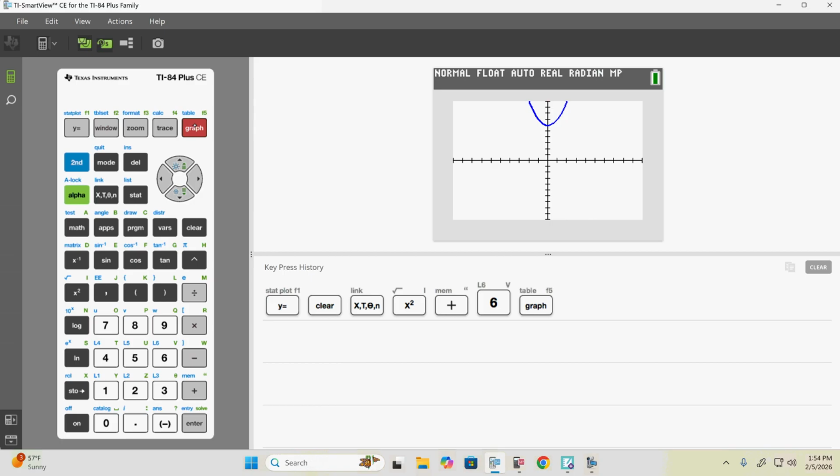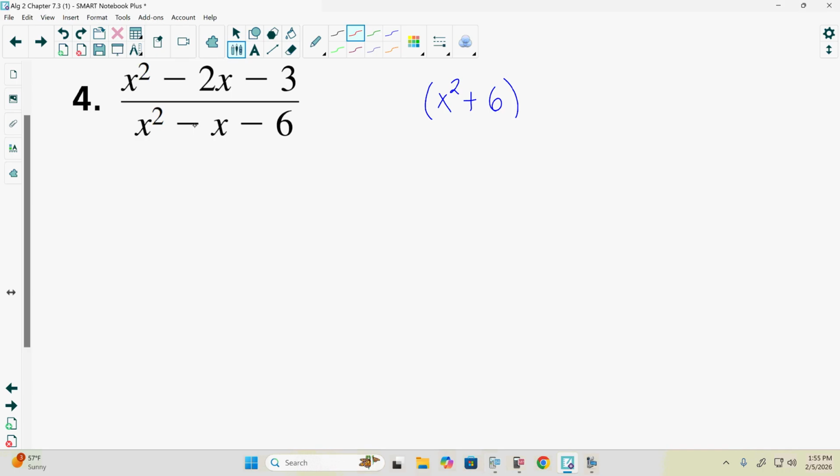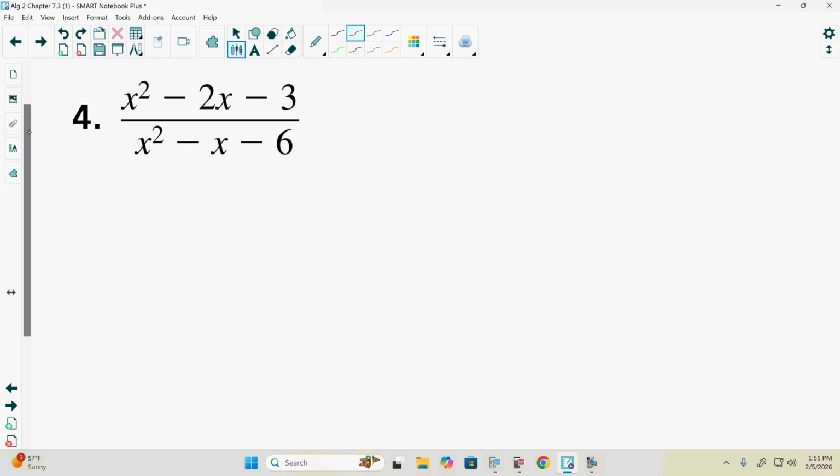Well, no. So that means there's no value of x that will make x squared plus 6 be 0. Which means there are no restrictions. There are no values of x that would make the denominator be 0. So not every one of them can have restrictions. If the denominator can't be factored, can't be solved with real numbers, there are no restrictions.